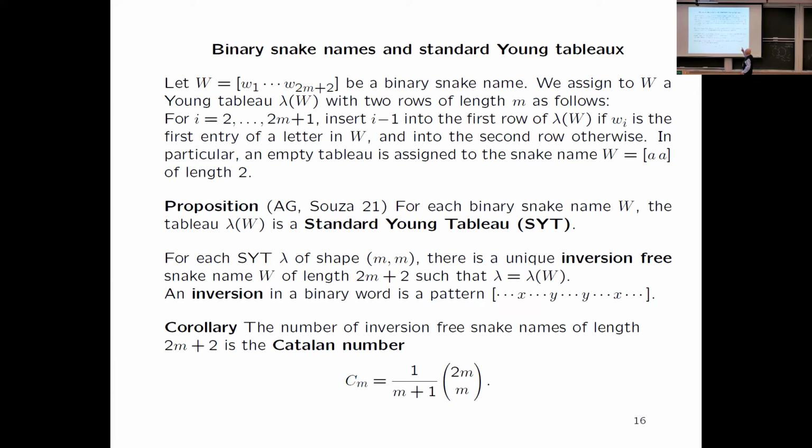So for each standard Young tableau, there is a unique inversion-free snake name. That means in the snake name, there is no x, and in between y, y. So if you get x, y, then there should be an x, and then another y afterwards.